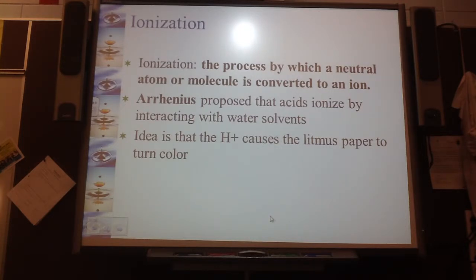But in actuality, and we do this more in Chem 30, you don't need to know this right now, this H plus ion actually joins with a water molecule and makes something called hydronium, which is H3O plus. So this is called a hydronium ion. This is what makes acidic properties. You don't need to know that till Chem 30.